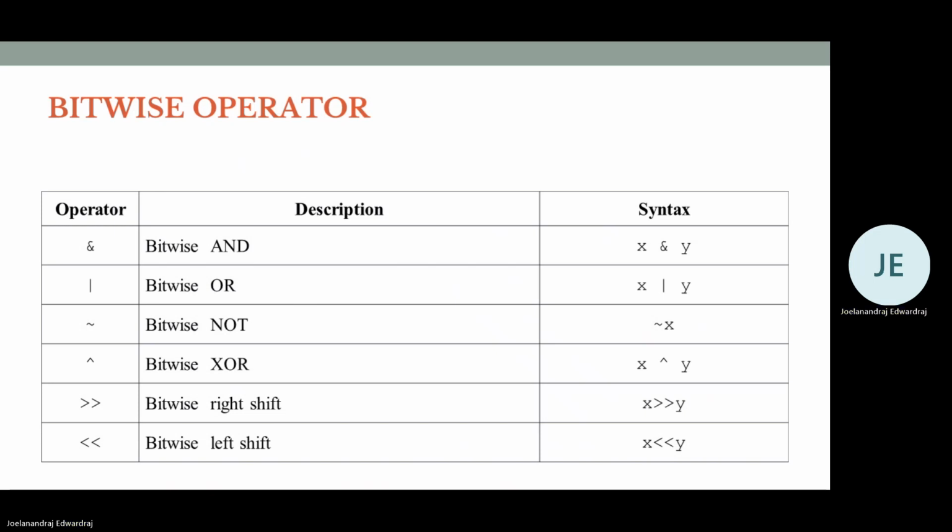To get a true outcome, exactly one of the bits should be 1. In that case, the output will be 1. Otherwise, the output will be false or 0. Okay, that's XOR. And bitwise right shift. What will bitwise right shift do?